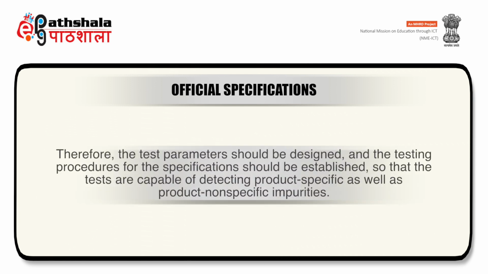Therefore, the test parameters should be designed and testing procedures for the specifications should be established so that the tests are capable of detecting product specific as well as product non-specific impurities.